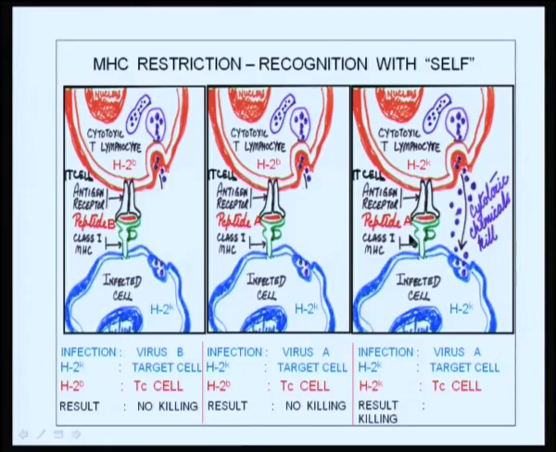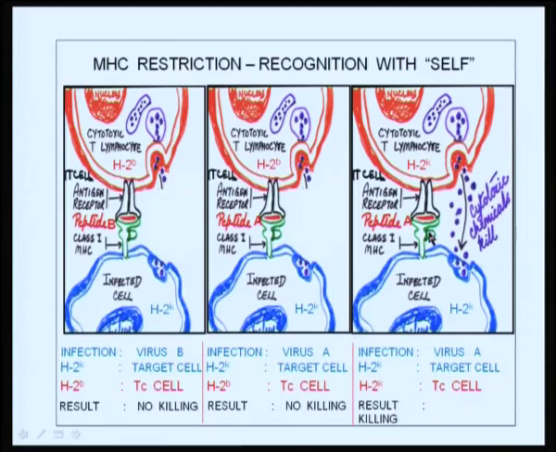This is the structure that is entirely recognized by the T cell antigen receptor, which we saw in the previous slide, which is expressed on the cell surface of T lymphocytes, or for that matter cytotoxic T lymphocytes or TC cells or CTL.